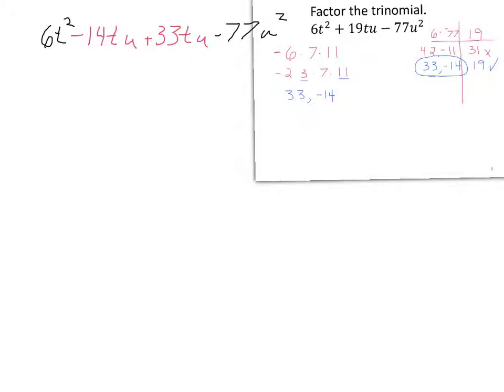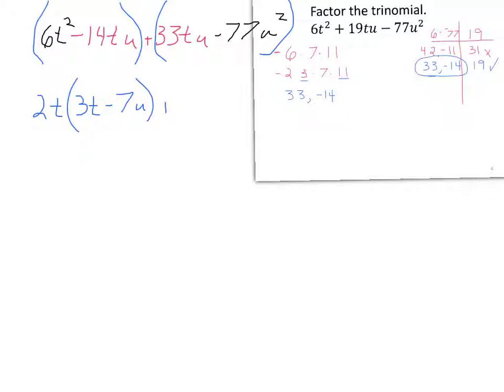So now I can go ahead and group. In my first case, I can pull out a 2t. So I will do that, 2t, and I'm left with 3t minus 7u. I hope I get a 3t minus 7u in my second term.